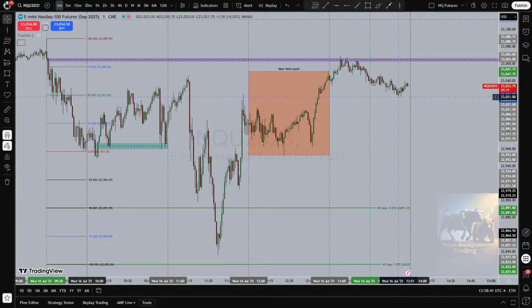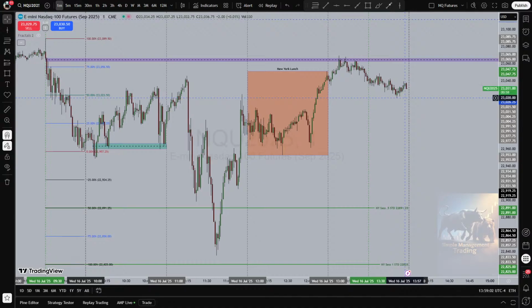What's that low? 23.20 even. Watch the 2 o'clock hour come and take that low and hit 23.16. That would be funny.